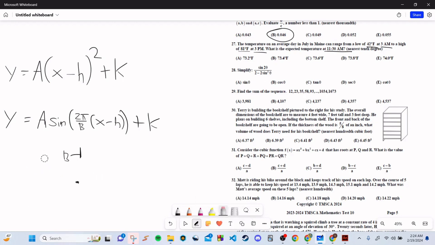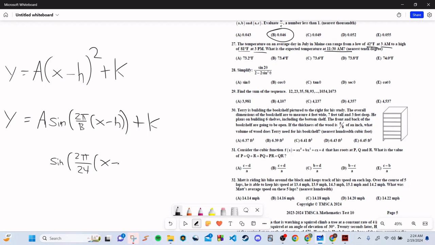Okay, so typically, in these problems, when we're dealing with 24 hours, like something cycling every 24 hours, our B, I'm going to start constructing this equation, our B is typically 24. So I'll write that, x right here.